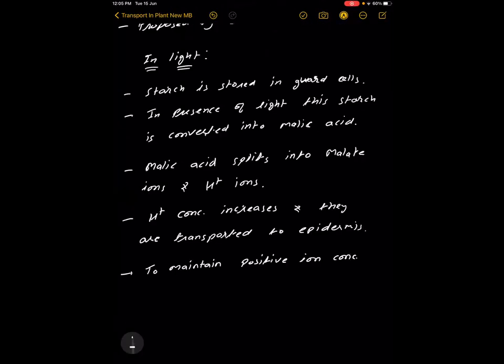So to maintain positive ion concentration, potassium ions enter the guard cell.